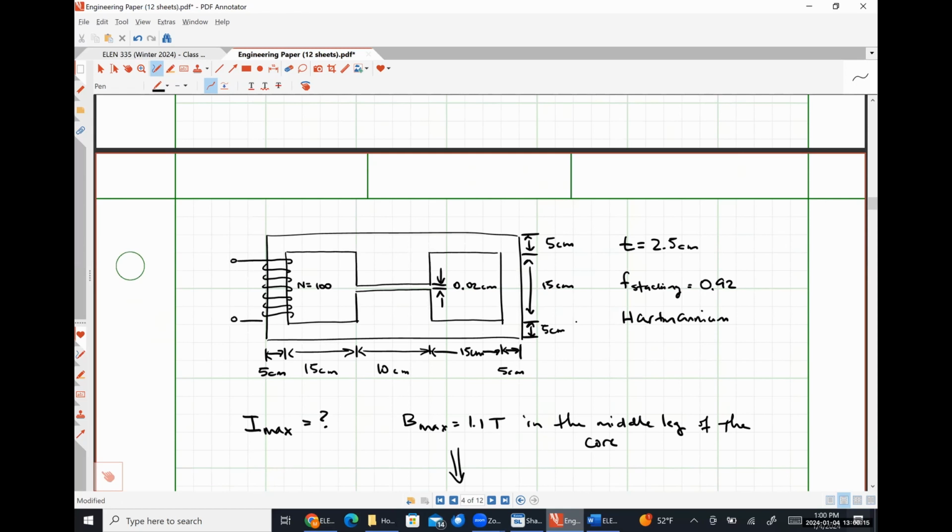That's going to be from here to here. So what should that length be? Yep, 2.5 plus 15 plus 5. So 22.5 centimeters. All right.